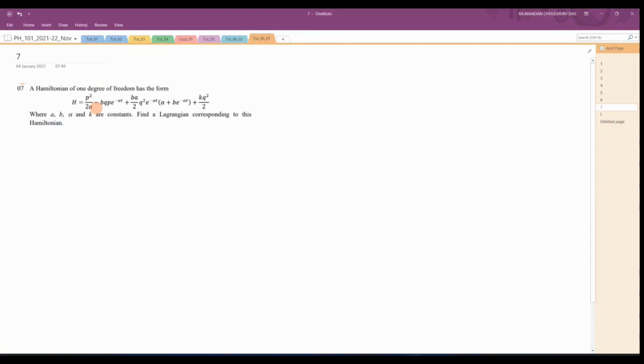We again have to get this P. Your Hamiltonian is a function of P, Q, and T, and we have to get L in terms of Q, Q dot, and T. You know the Lagrangian and Hamiltonian are related like this: P Q dot, because it is 1D so I am not giving the summation anymore, minus H. But here you have to replace your P with Q dot somehow.